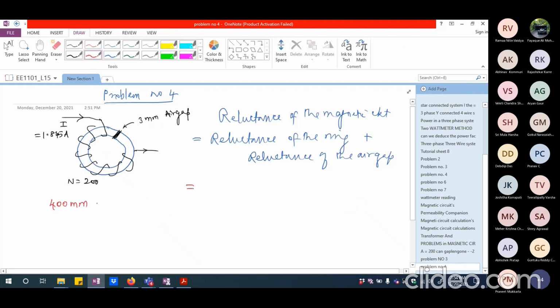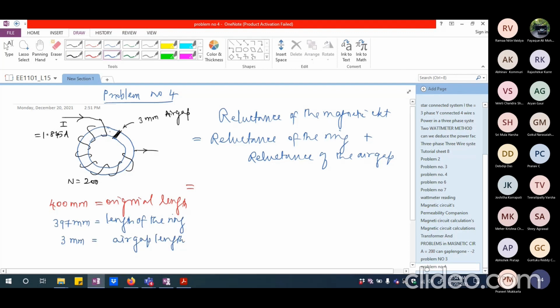So this is the original length. So I should say now 397 mm is length of ring, whereas 3 mm is air gap length. Okay. So I should be able to calculate, assuming no fringing.